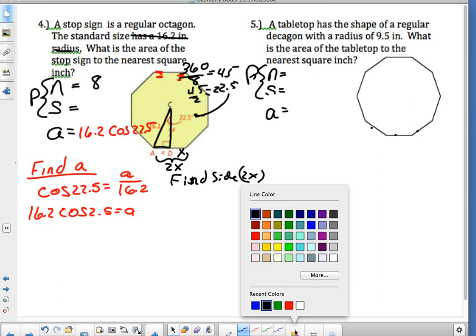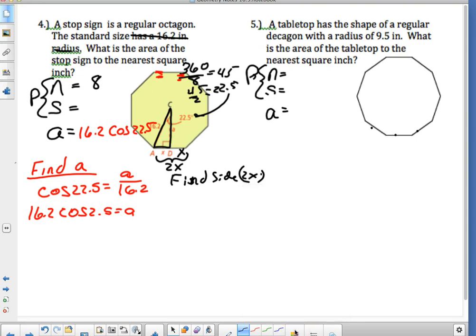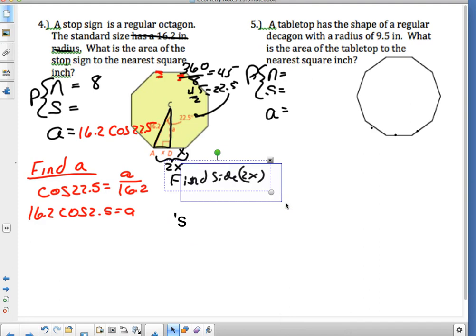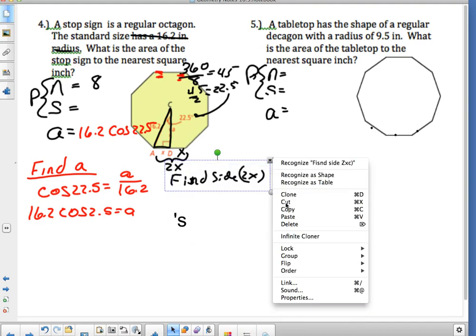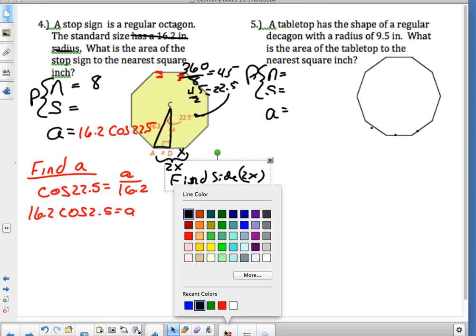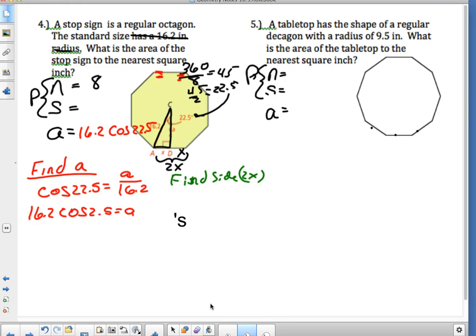Let's make that green. Now, going back here, we're making this green, so finding the side.